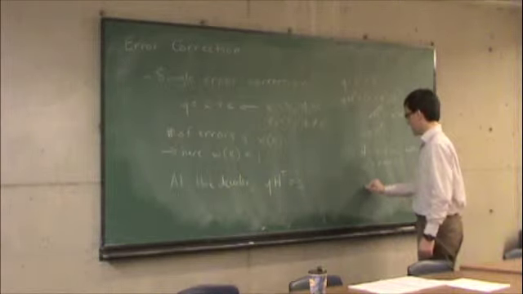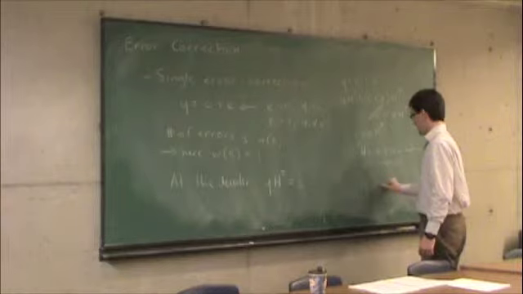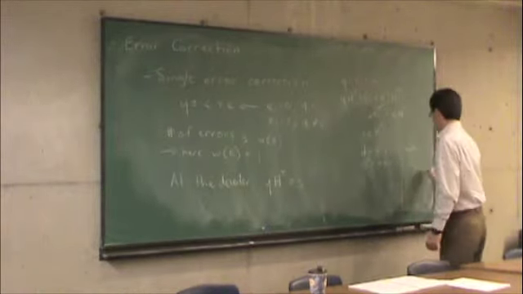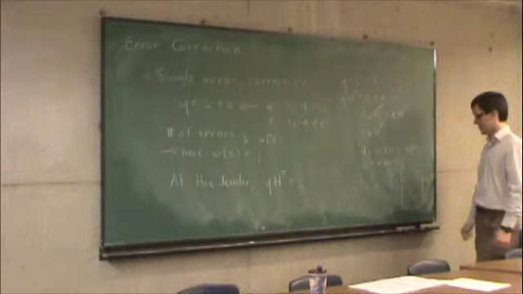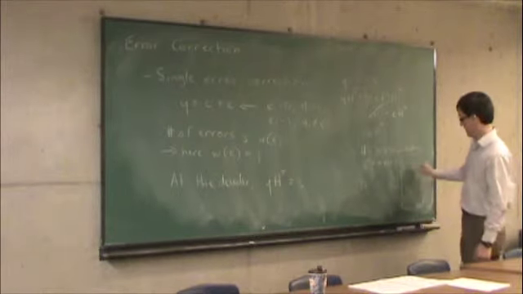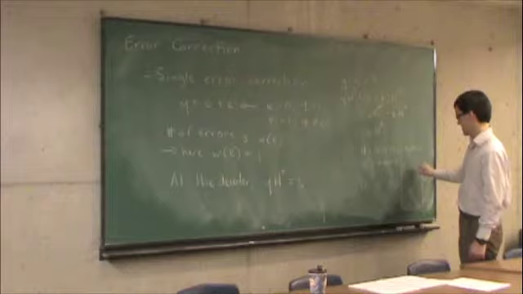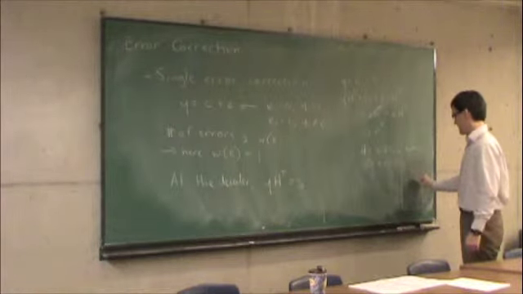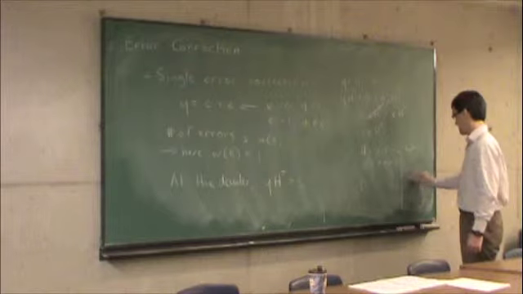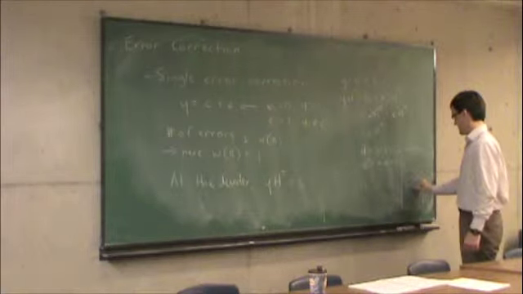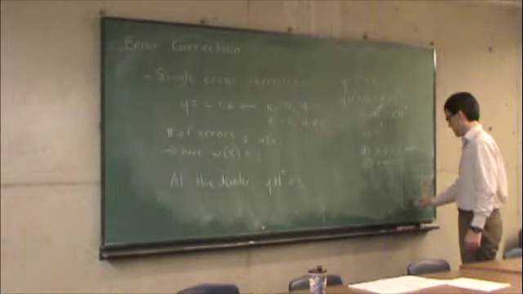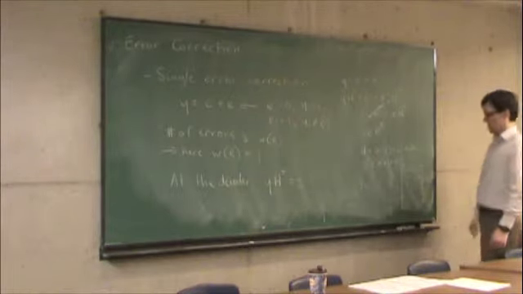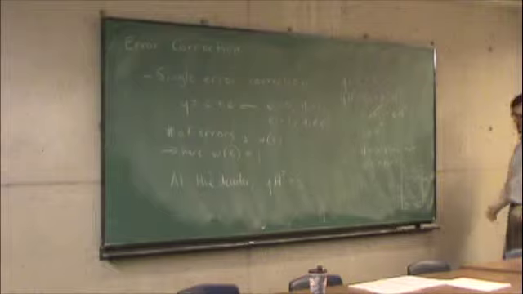So we have E_1, E_2, and so on, up to E_n, times H transpose, where I'm going to write the rows of H transpose as little h_1, little h_2, little h_3, and so on, up to little h_n.